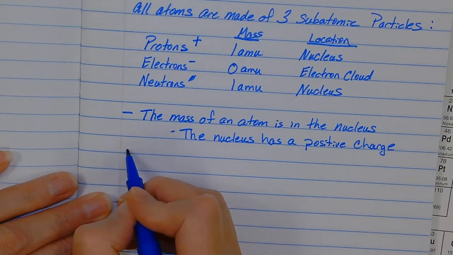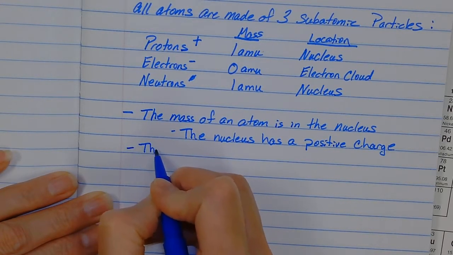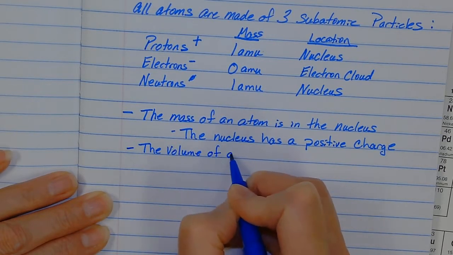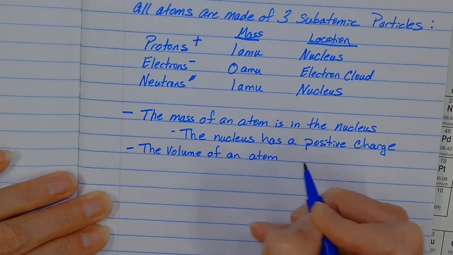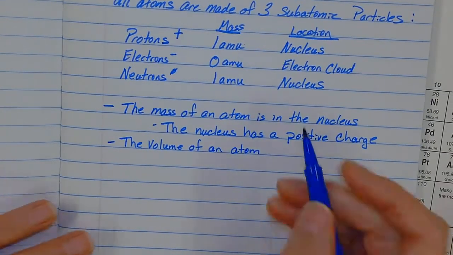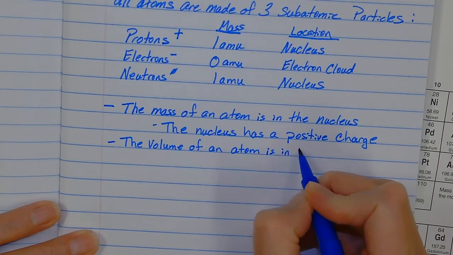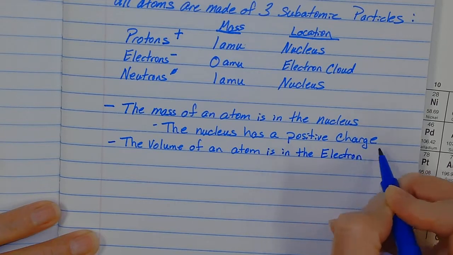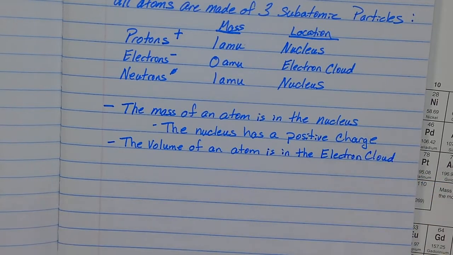The volume of an atom is in that electron cloud. From the presentation you saw, they had the little video that showed the computer in Central Park, and if the computer was in that apartment complex, the first energy level would be 32 blocks away in Central Park.